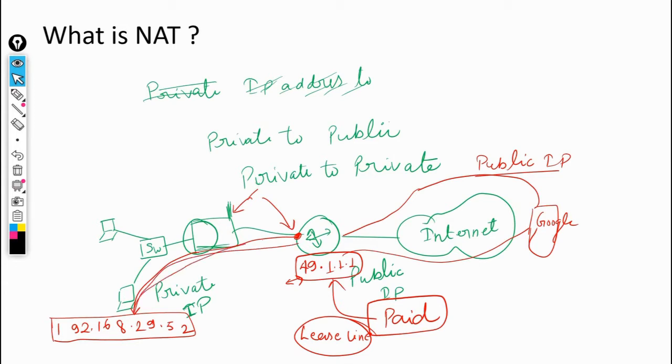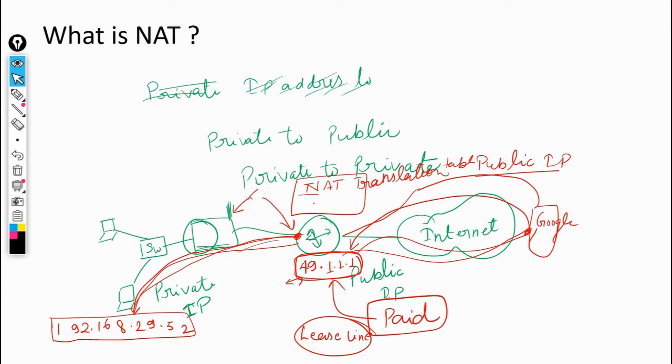It is being mapped to some other IP, 49.1.1.1. It is going to some Google server. Google is aware of this public IP, and they are replying back to 49.1.1.1. This router has a translation table. We also call it the NAT translation table.